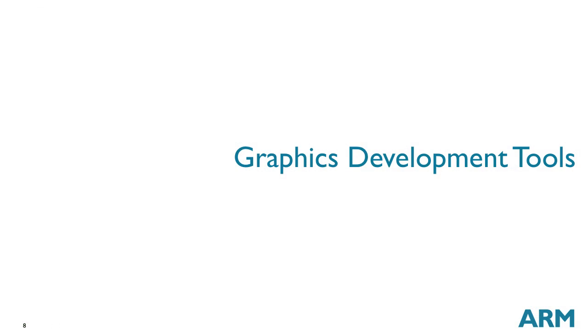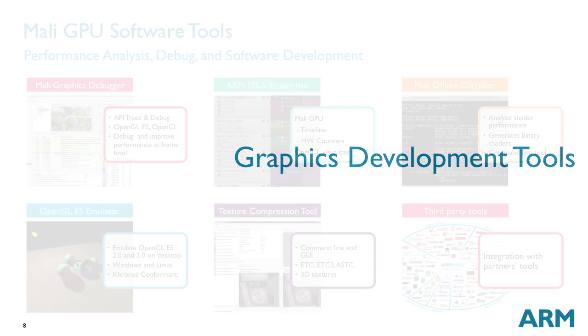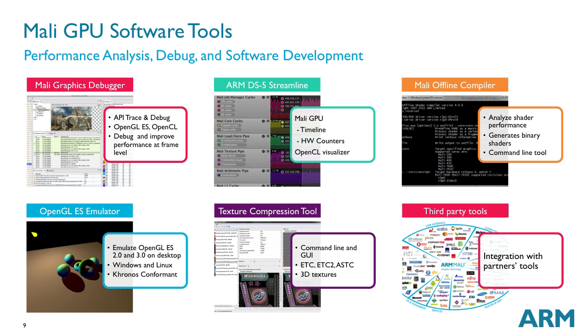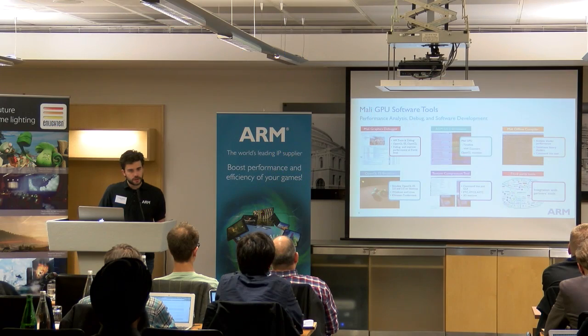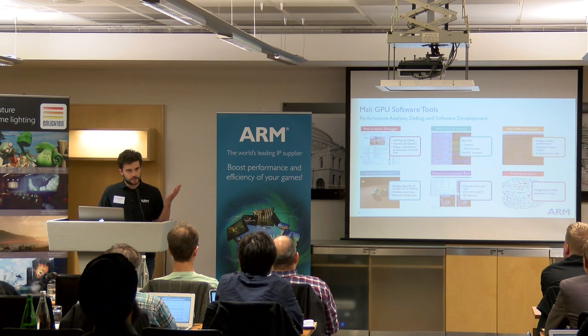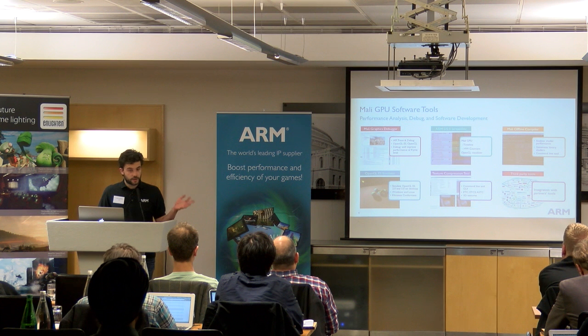Now I'm going to present the graphics tools, which are the tools I manage and my team of engineers develops. The first one that we are putting a lot of effort on is the Mali Graphics Debugger. It is an API tracer, quite advanced tracer. It captures all the API calls for OpenGL ES 2, 3, and now we are making a 3.1, but also OpenCL and EGL.